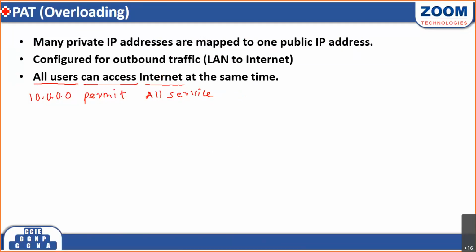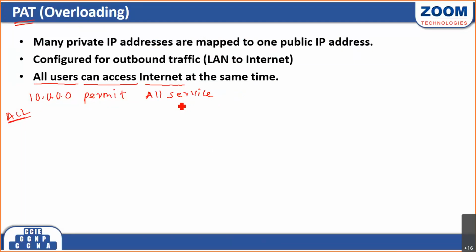So along with PAT, we need to configure an ACL rule to permit the network ID for all services. Which type of ACL can permit all services? Standard ACL and extended ACL. Standard.